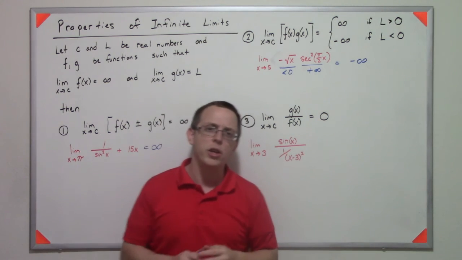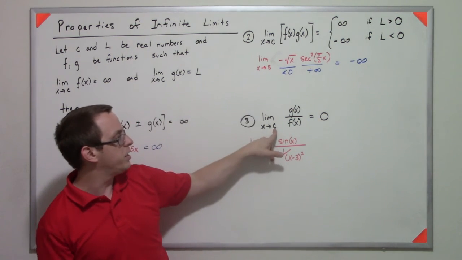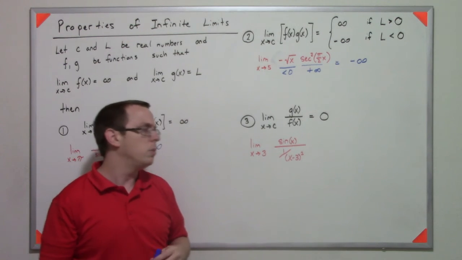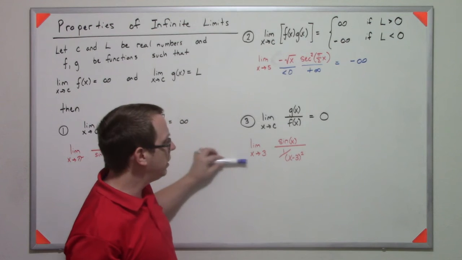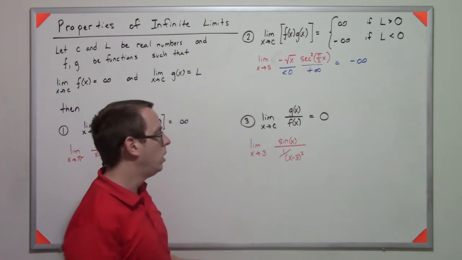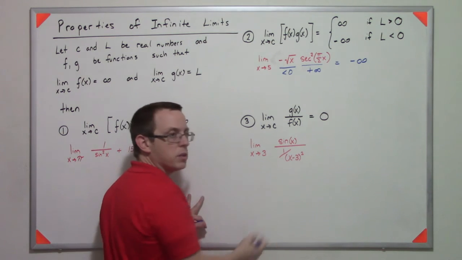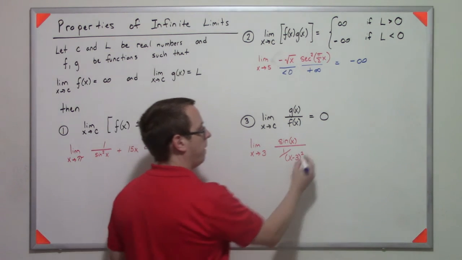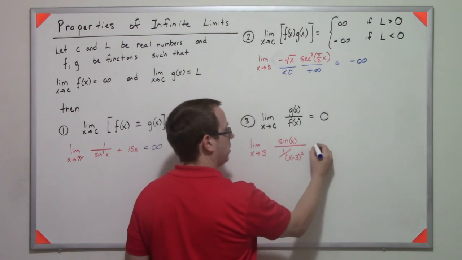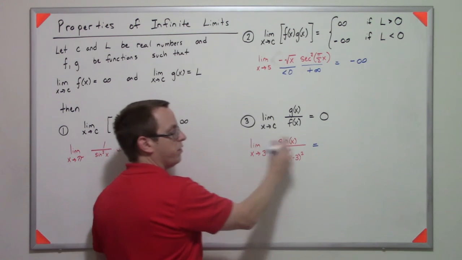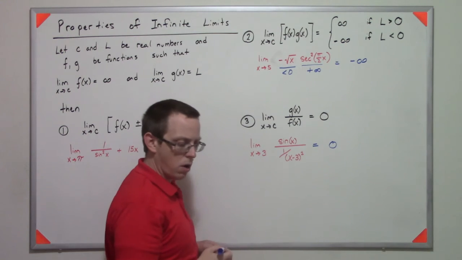But as you move along in your study and we replace this finite number with like an infinity number, this comes up a lot. So this is sort of a contrived example where you have sine of x divided by 1 over x minus 3 squared. And so in that case, since this shoots off to infinity and this is finite, this goes to 0.